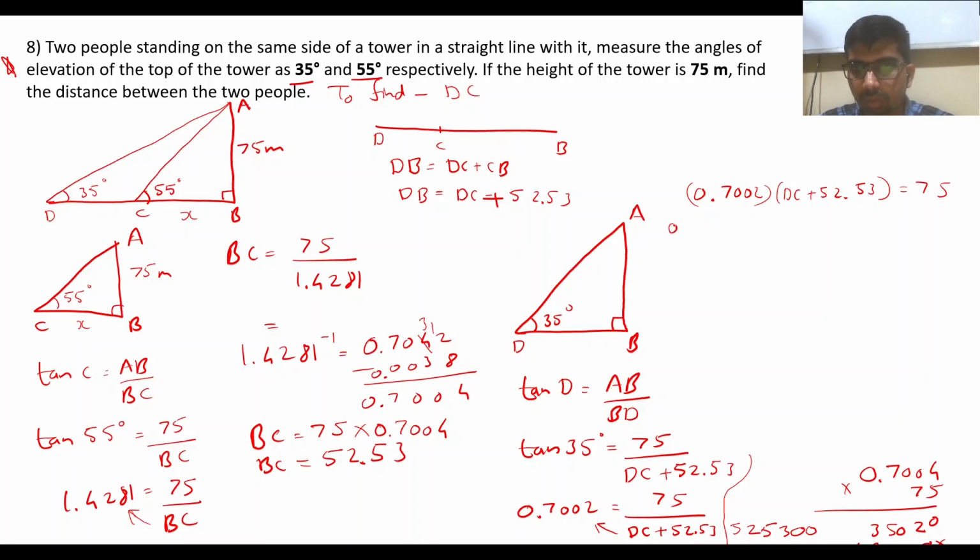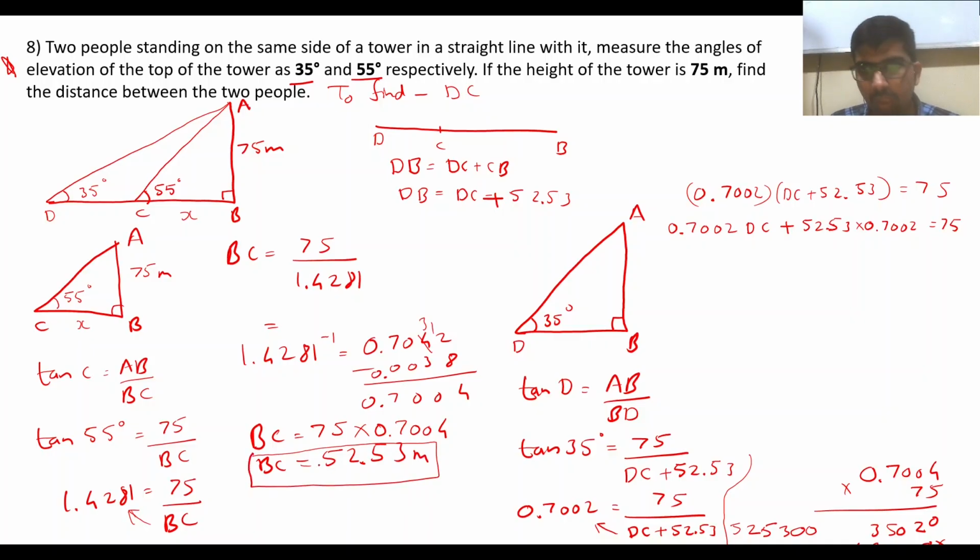So you have 0.7002 into DC plus 52.53 into 0.7002 is 75. So let's do the calculation over here: 52.53 into 0.7002. I highlighted this. I'm also doing the calculation with you. I'm not using a calculator. You also should not use a calculator.